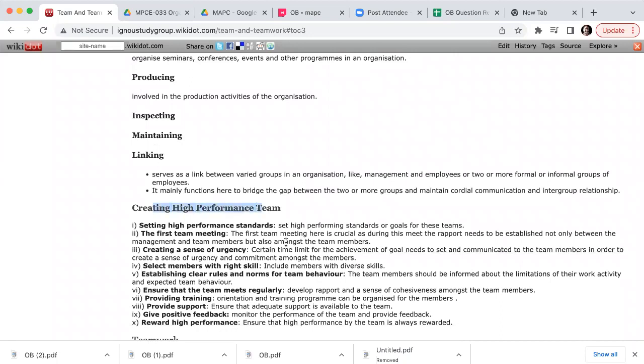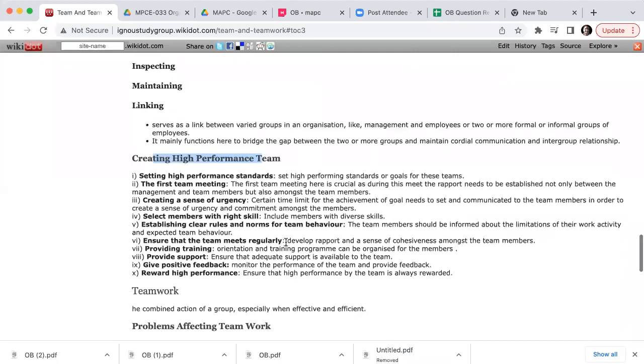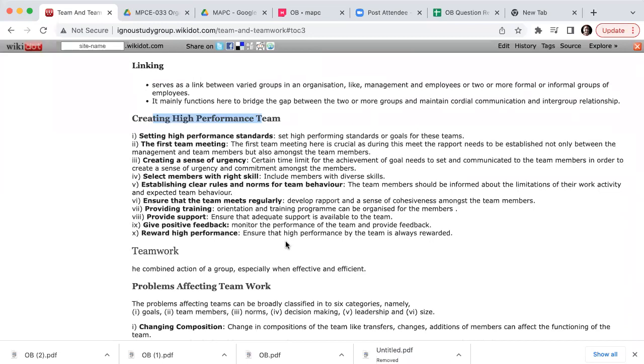So now we are talking about how to create a high performance team, right? The first thing to create a high performance team, you need to set those standards high. You need to have team meetings. You need to create that urgency. When you say create that urgency, people need to understand what the urgency is to achieve the goal, how important the goal is, those kinds of things.